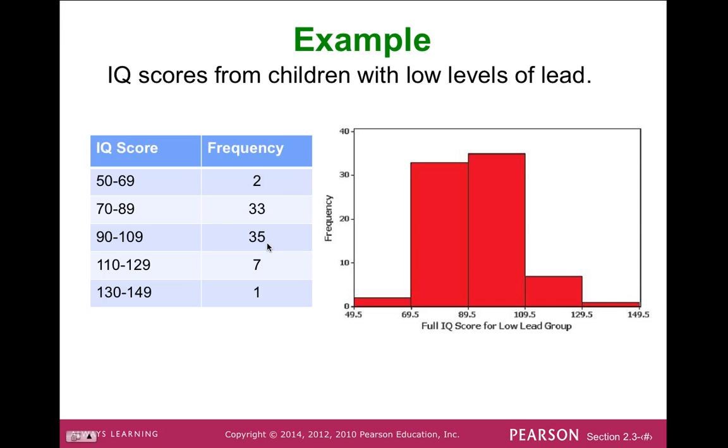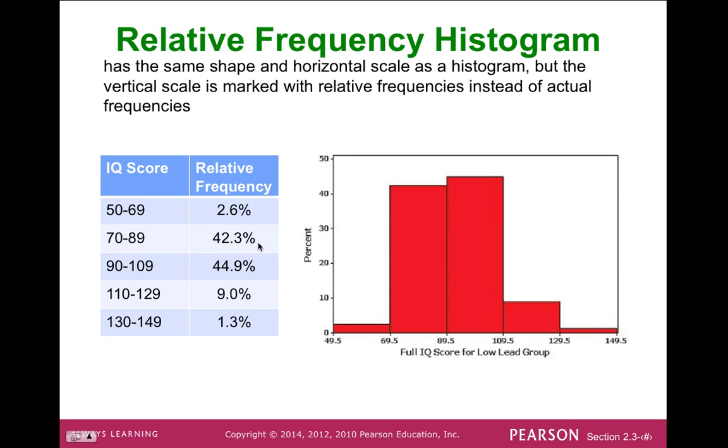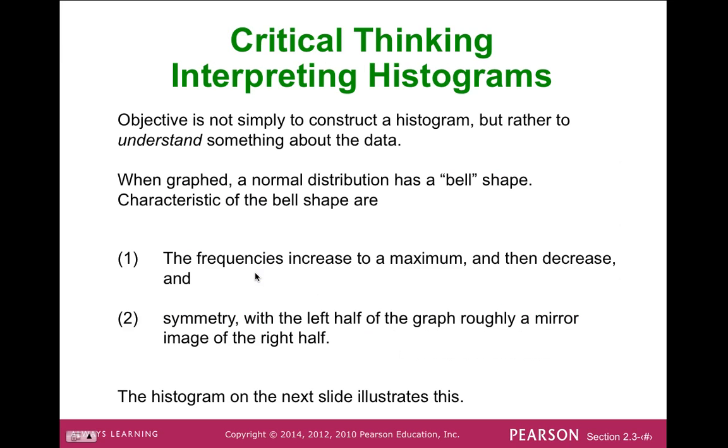Whereas when we look at this data, it's harder to have a reference point that way. Certainly these are your higher frequency classes, but to know that this is really 42.3% and 44.9%, the other wouldn't give you that level of detail. And so that's really all a relative frequency histogram is.